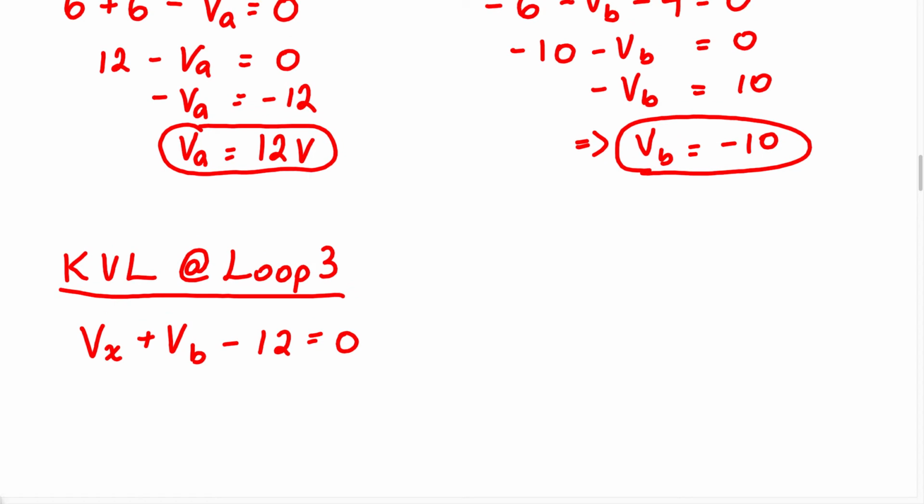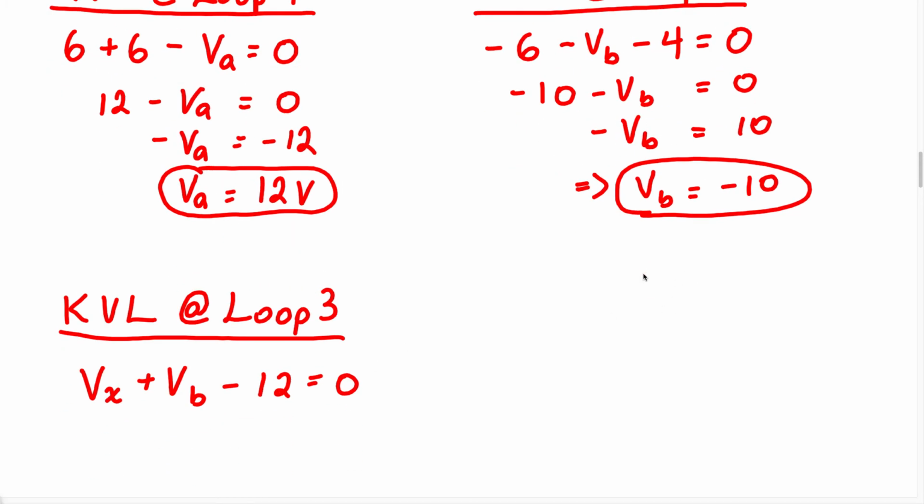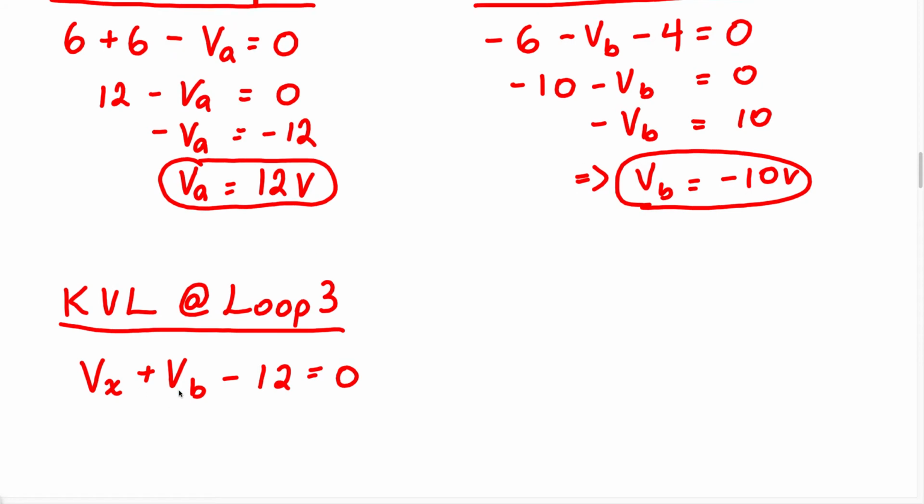Now, when we start to solve for this, you might look and say, well, there's nothing I can do. Well, there is something you can do. Why? Because we just found the voltage VB, which we know is going to be negative 10 volts, right? So now I'm just going to substitute in that negative 10 for VB. So we can write Vx plus negative 10 minus 12 equals 0.